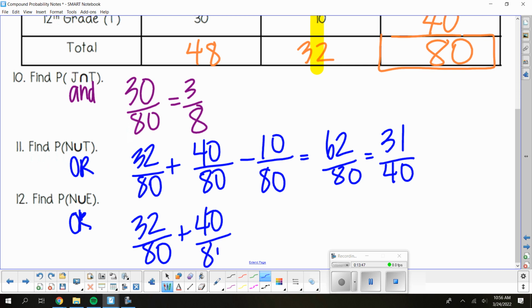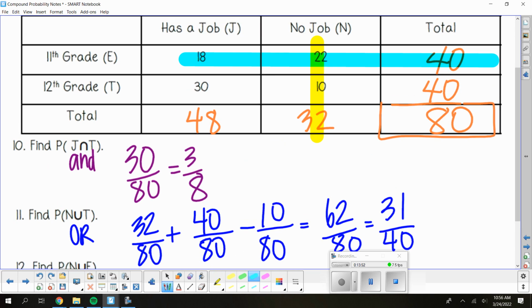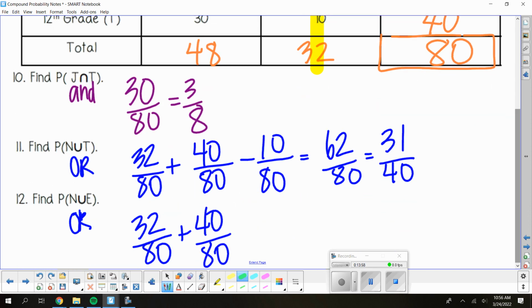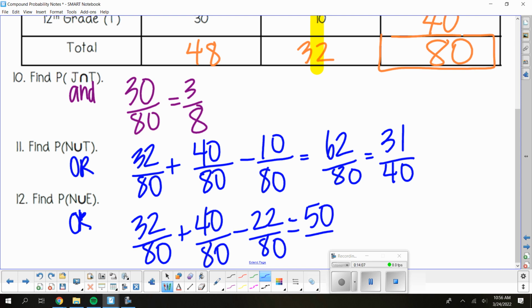Now again, check and see, we have some overlap happening here. We have 22 that we counted twice. So that 22 has to be taken out at least once because we counted it in both of our probabilities. So I would take out the overlap, and I would have 50 out of 80, always reduce, so 5 out of 8.